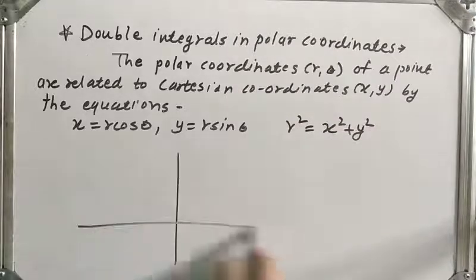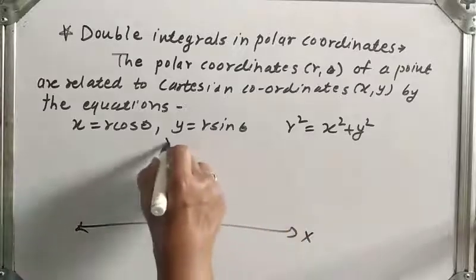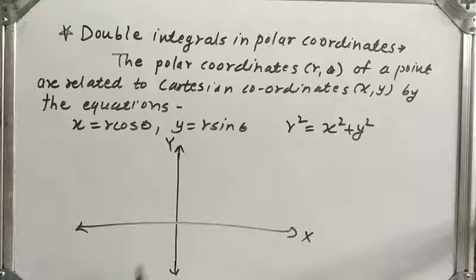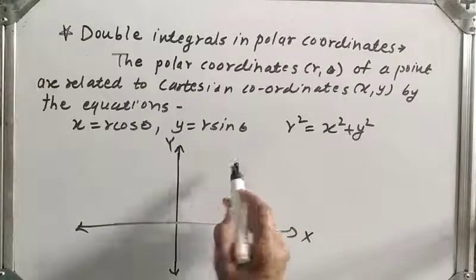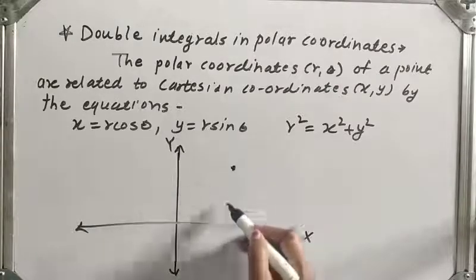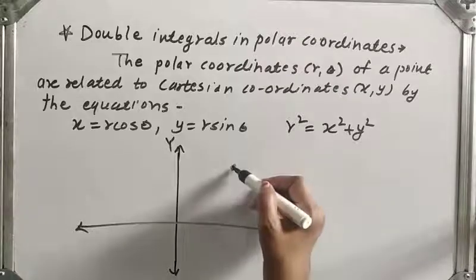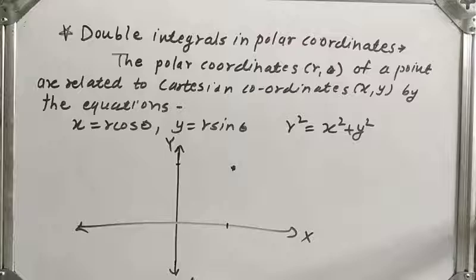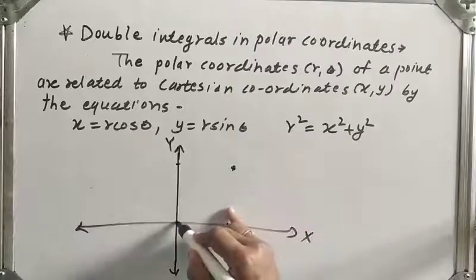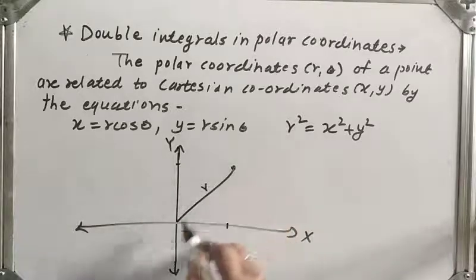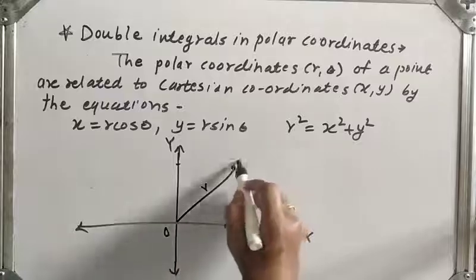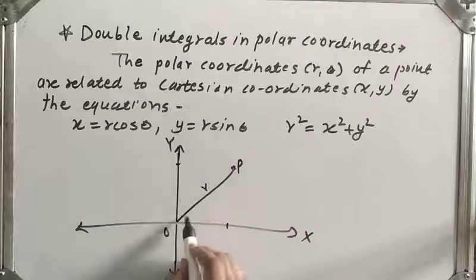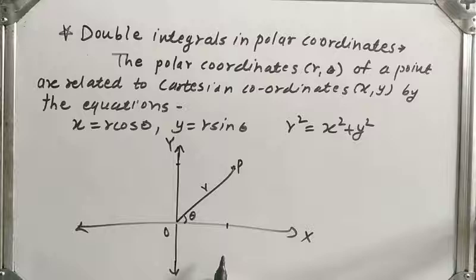Now consider the x axis and y axis. For any point P, its x, y coordinates are x and y, and its r, theta coordinates are: r is the distance from the origin to this point P, and this is theta.